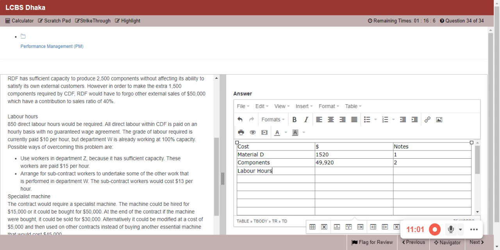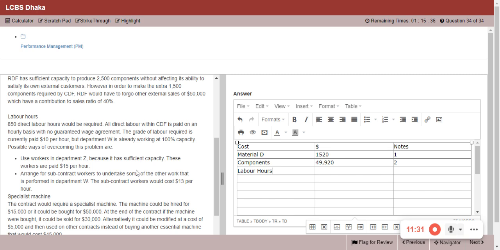So there isn't any wage agreement, and as a result, for our 850 hours, the grade of labor is currently $10 per hour, but Department W is already working at 100% capacity.